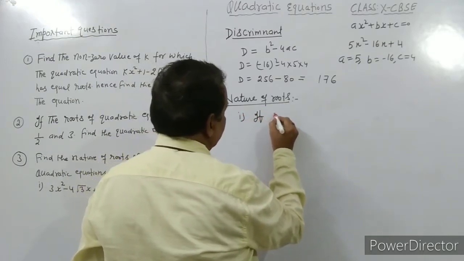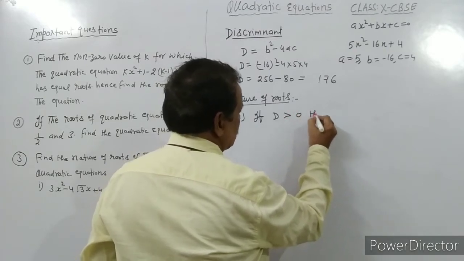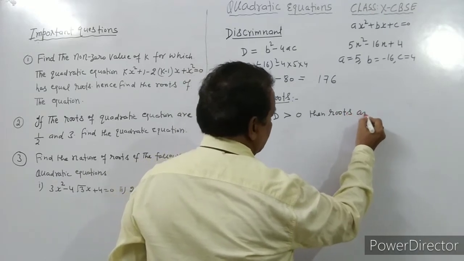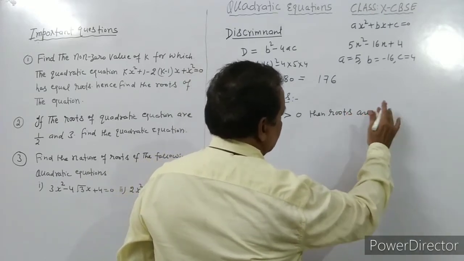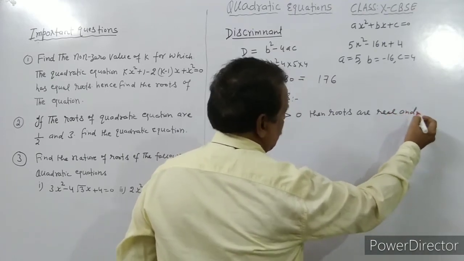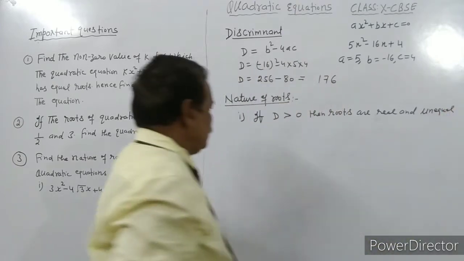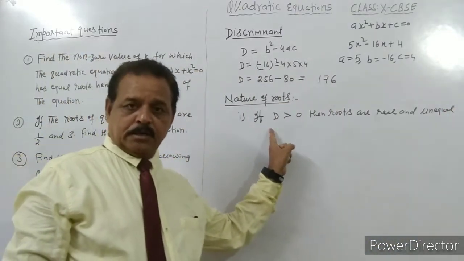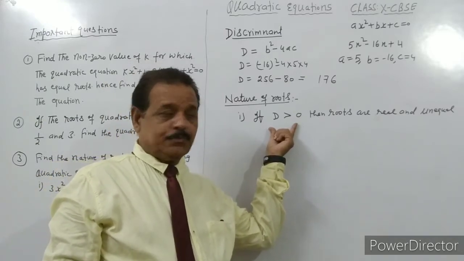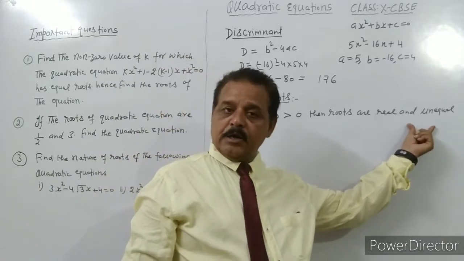if discriminant D is greater than 0, then roots are real and unequal. If this condition is satisfied, discriminant is greater than 0, then we can say roots are real and unequal.